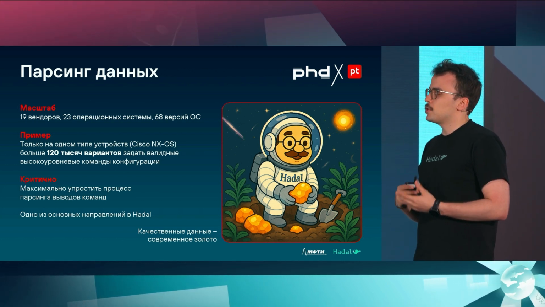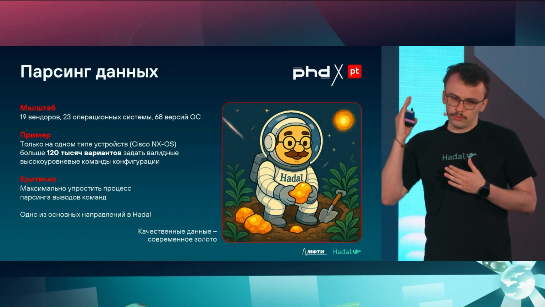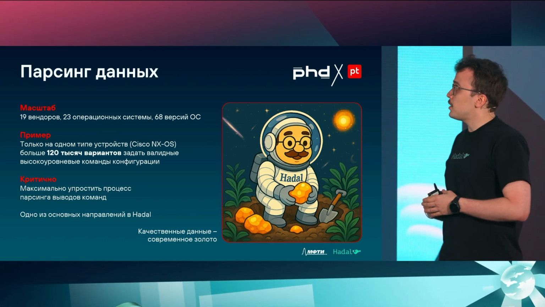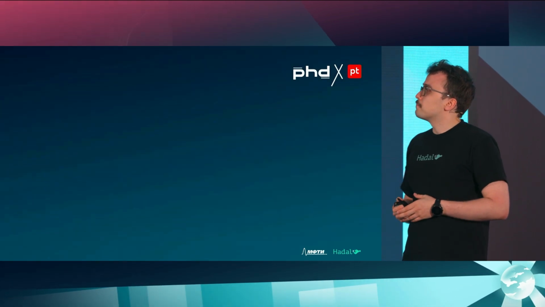So we have to deal with this somehow. And our recommendation, and again, if you want to implement a task like that, is to simplify, maximally simplify the parsing of outgoing commands. Tell it to your developers. So parsing of data is one of the major tools that we can use here.